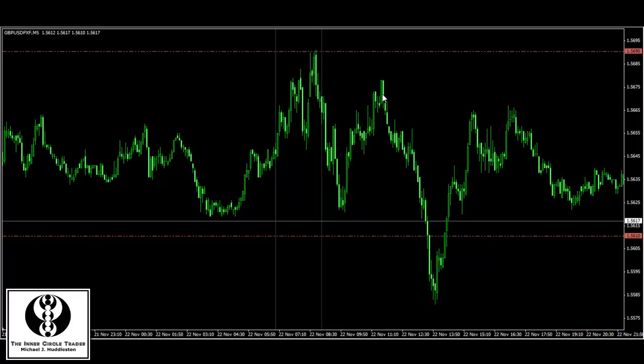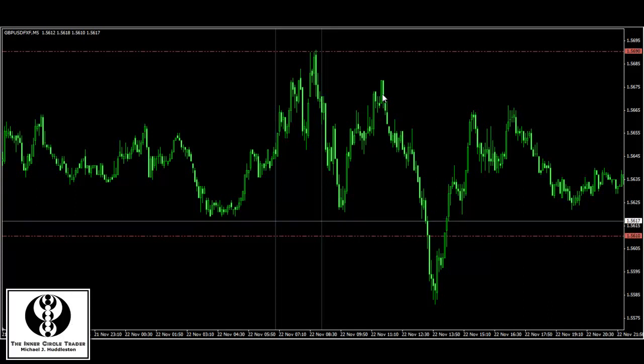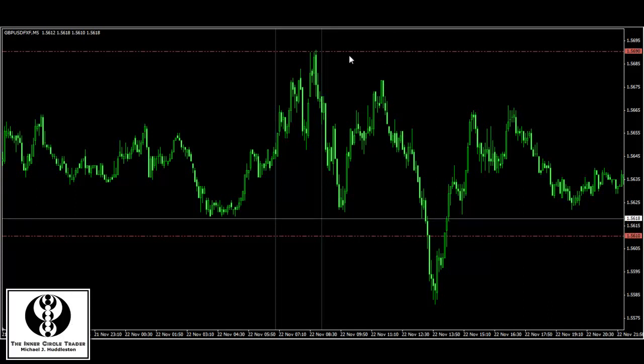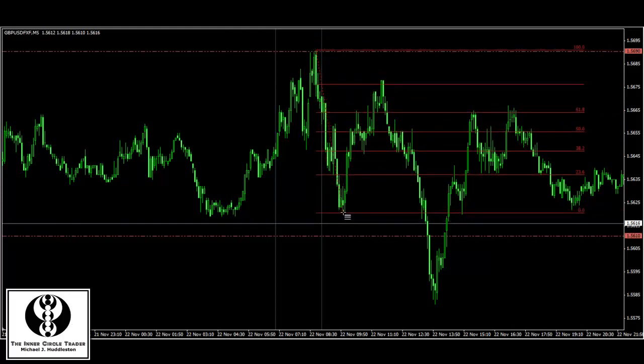But that's why you take some profits out of the trade, fund your trade, and that way, even if it was to continue up higher here and blow out this high, you could have made money and been happy with the fact that you still made money being wrong. But as it unfolded, you can see how we're using this high made in London Open down to this low here.